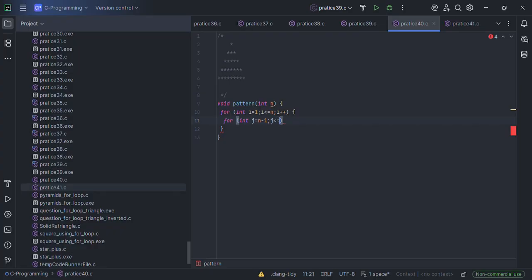So equal to J, space or J. So number of stars are like two and four, J, one.